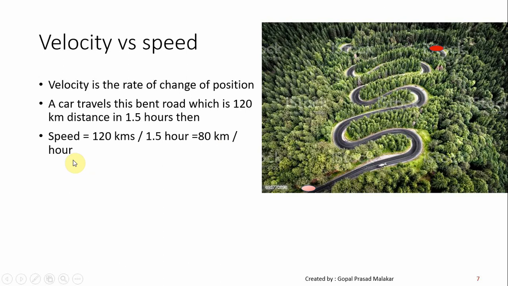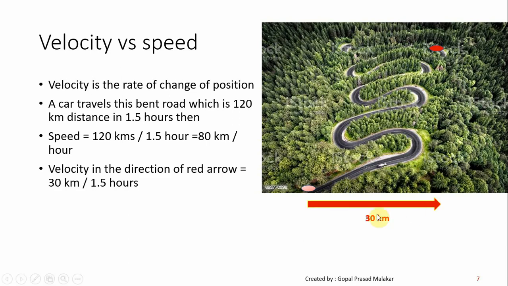Now let's understand the velocity in different directions. If I ask you what is the velocity in the direction of this orange arrow, take a look at how much the position of the car has changed in this direction.